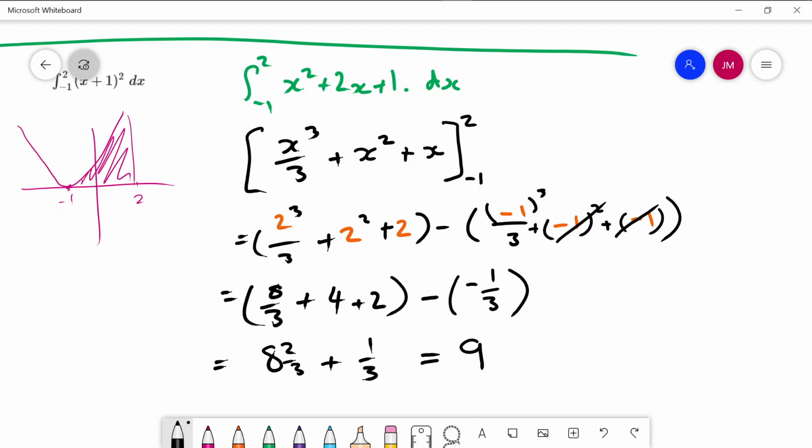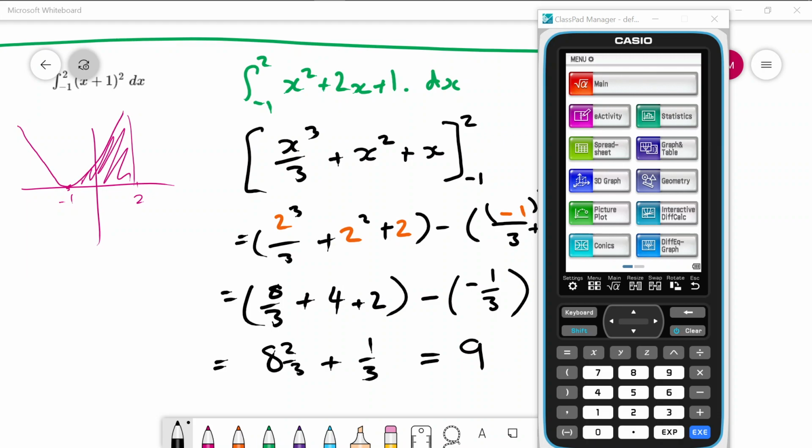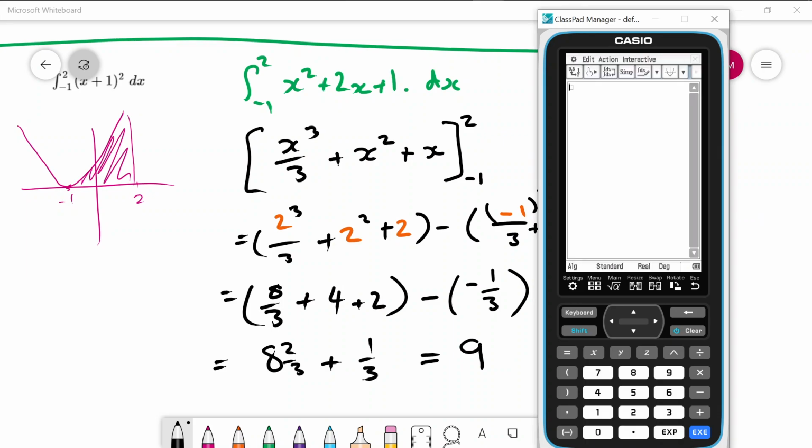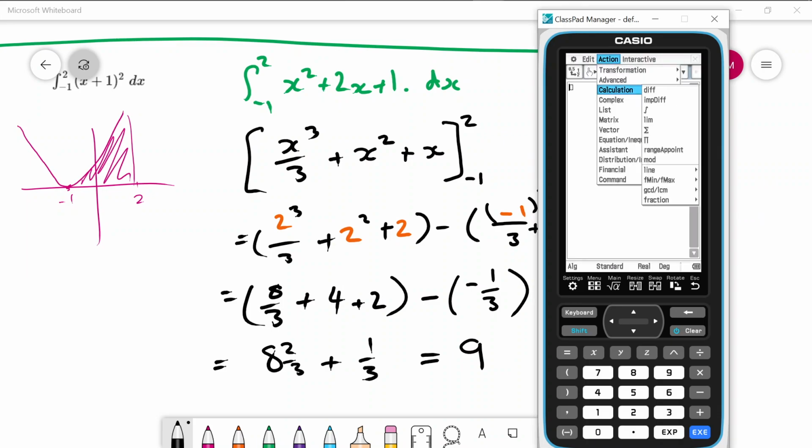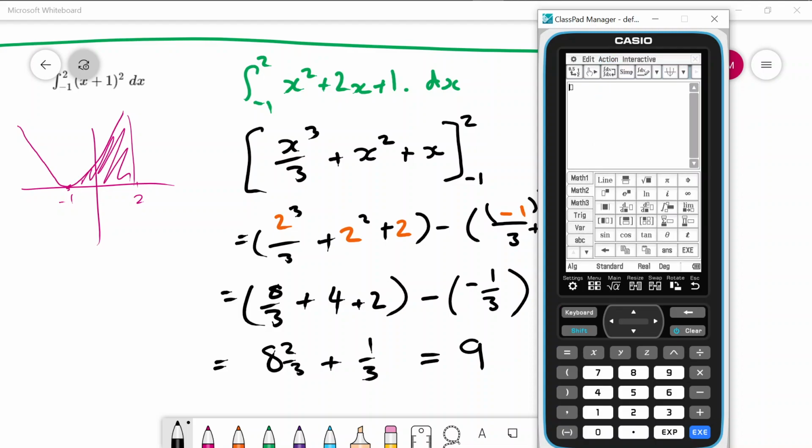Let's pull that up and have a look. So from our main section, we go up the top to action, calculation, and you've got your derivative, your antiderivative, your integral sign. The other way of getting there, if you go keyboard, math 2, we can see we've got this integral sign here. So just below I, next to the limit here, and we can actually type in all our values.